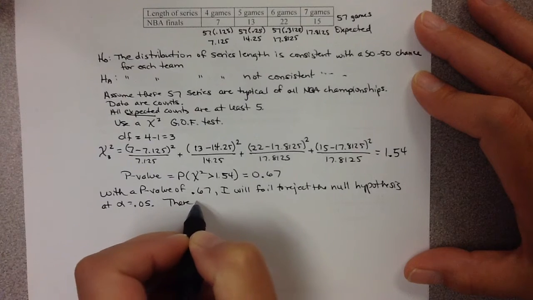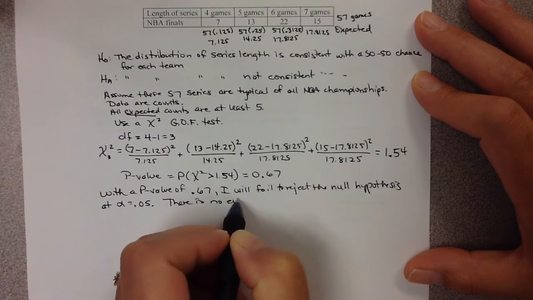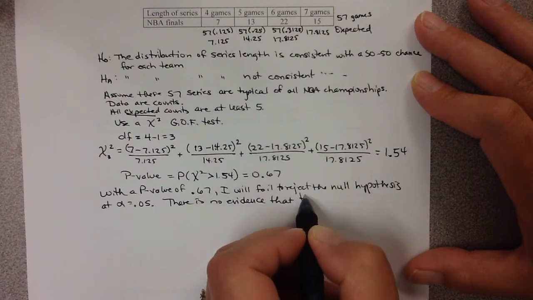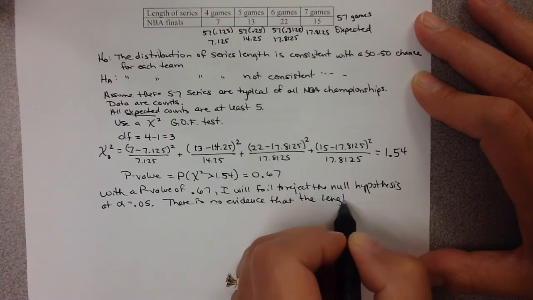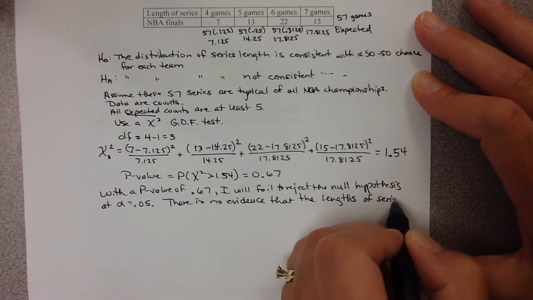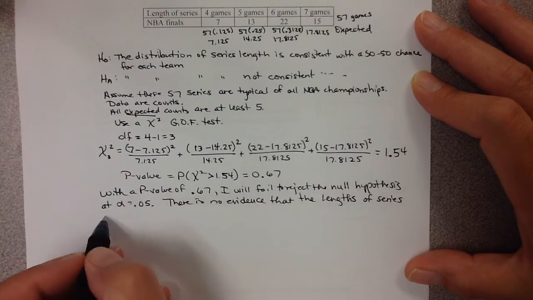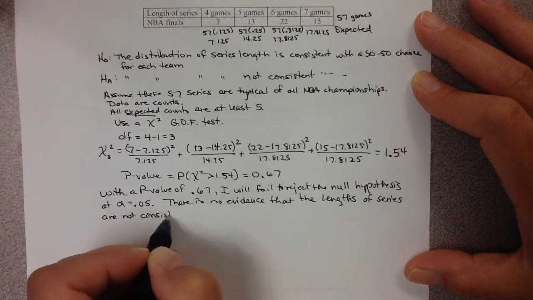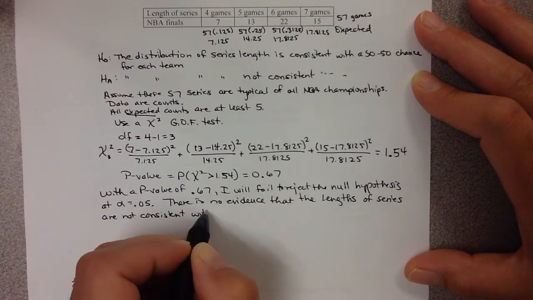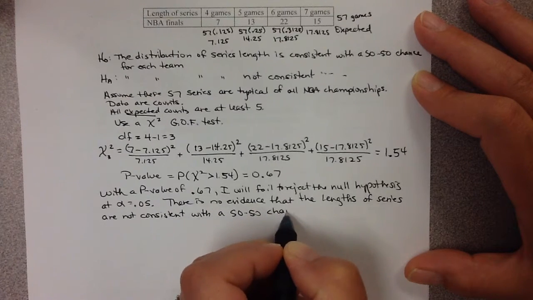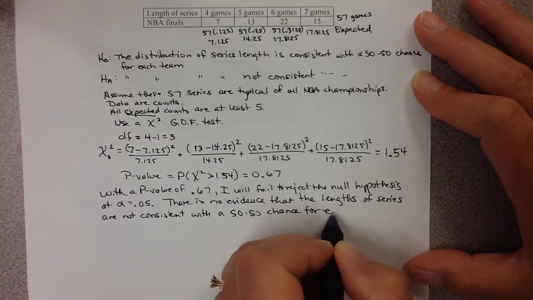There is no evidence that the lengths of series, again, I'm going to just repeat their words back to them, the lengths of series are not consistent with a 50-50 chance for each team to win.